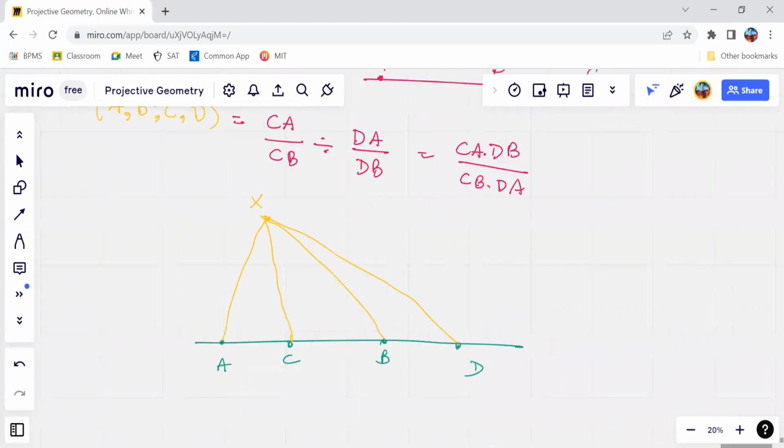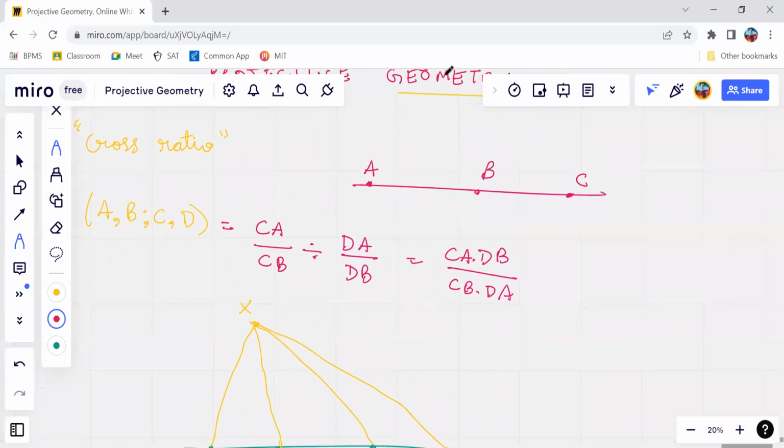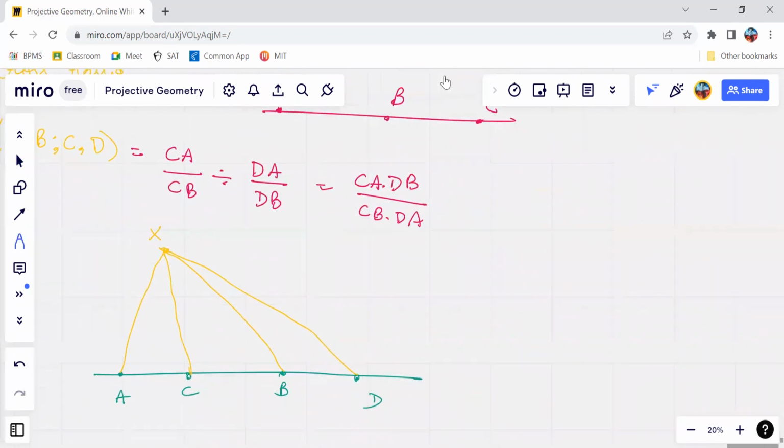Actually before this, let's just look at one thing. We defined this directed length, so we know when something is positive and when something is negative. So in what cases is this cross ratio positive and when is it negative? There are various possible ways these points can occur on a line. You could have just AB, CD.